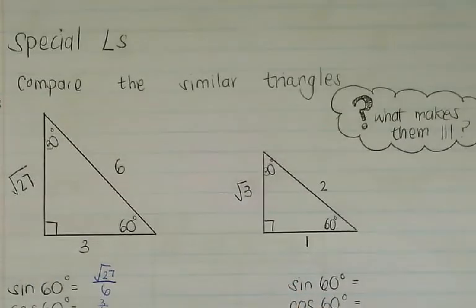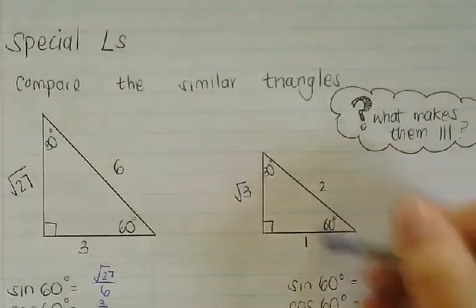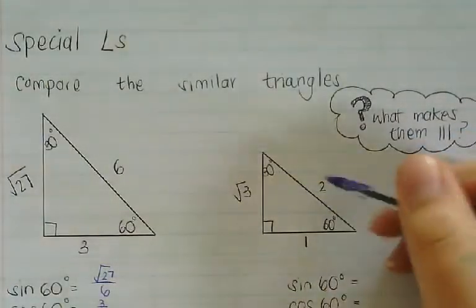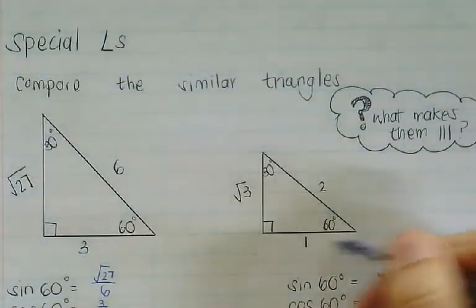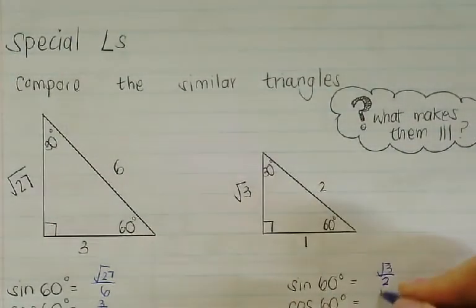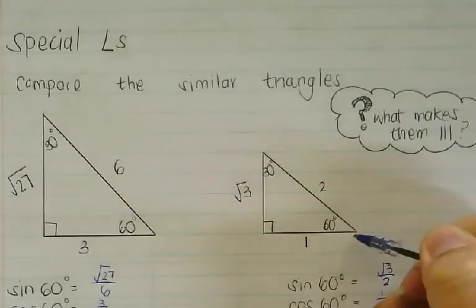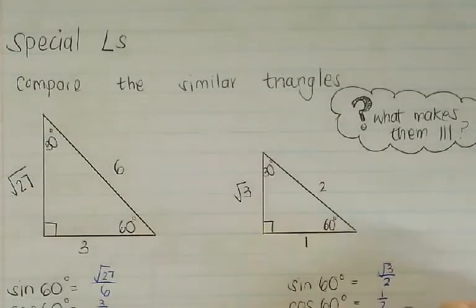Let's check in the other triangle. Sine 60 opposite over hypotenuse. Cos adjacent over hypotenuse. And tan opposite over adjacent.